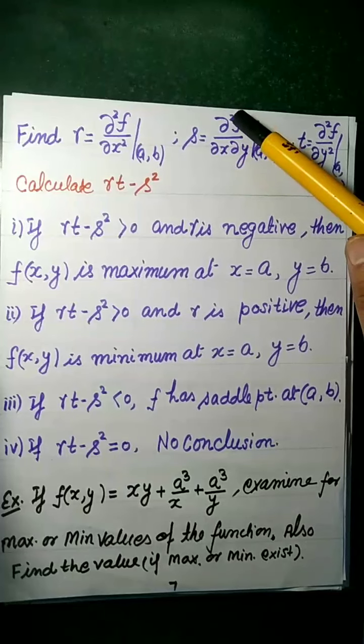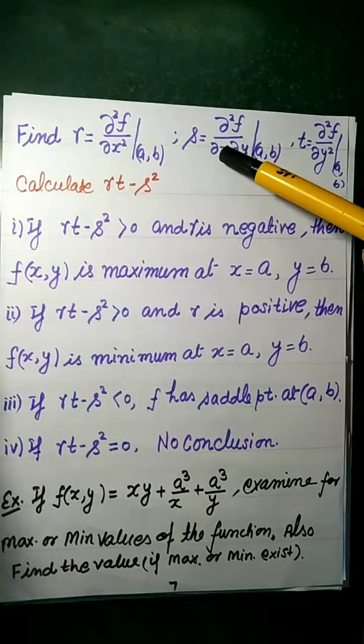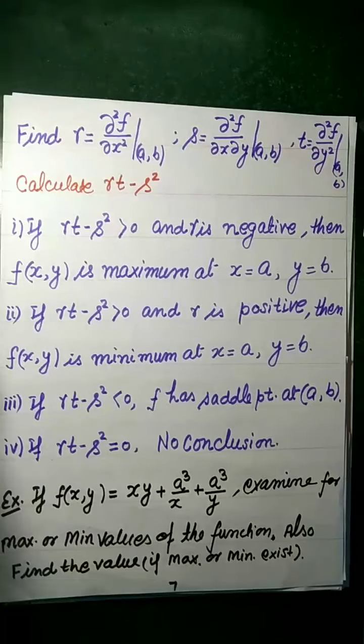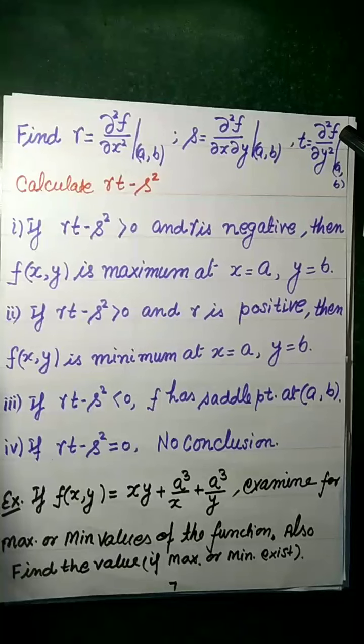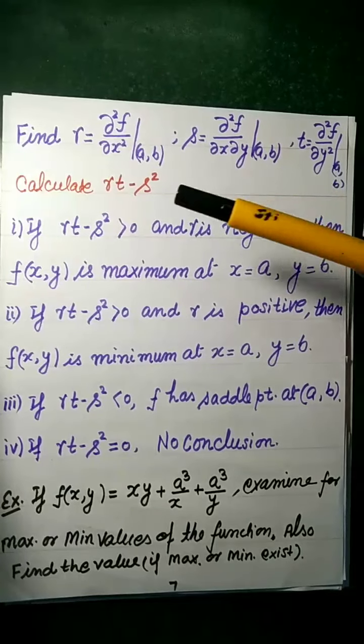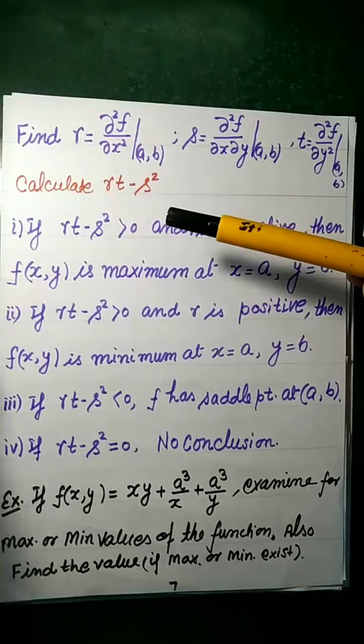S is the differentiation of function f with respect to x and y at point (a, b), and T is the double differentiation of function with respect to y at point (a, b). Then calculate RT minus S square.